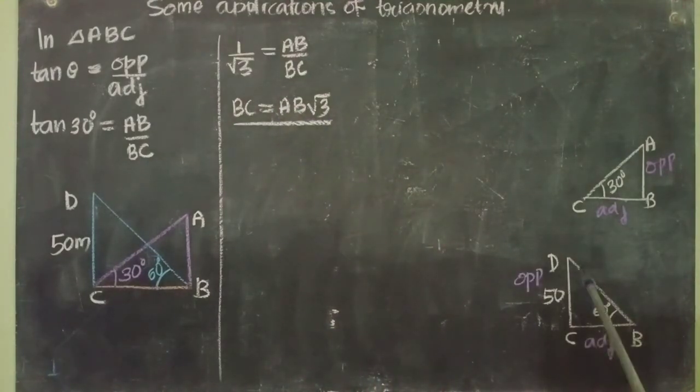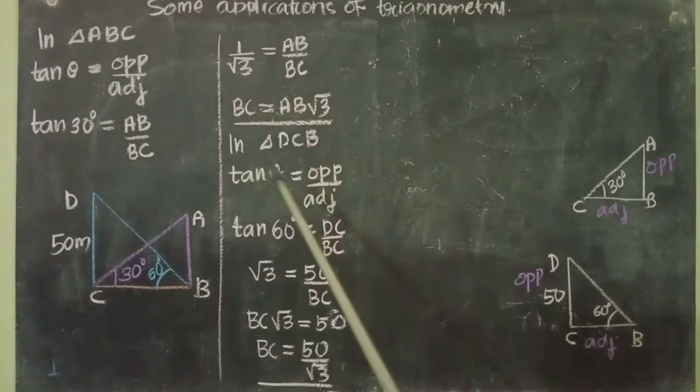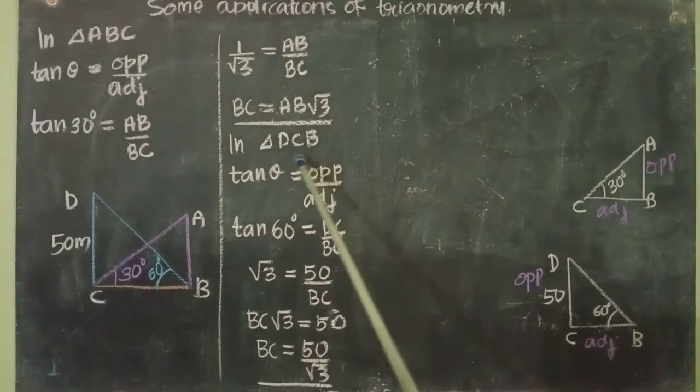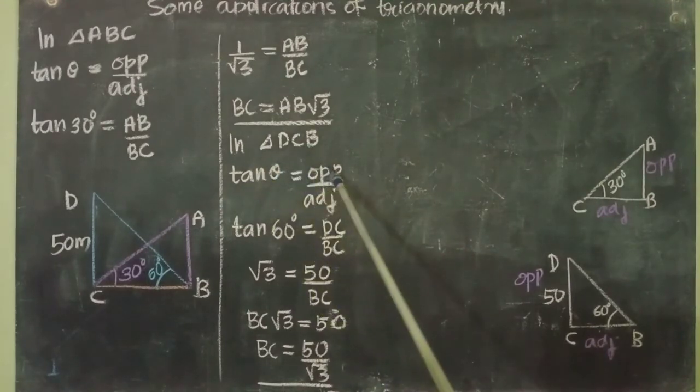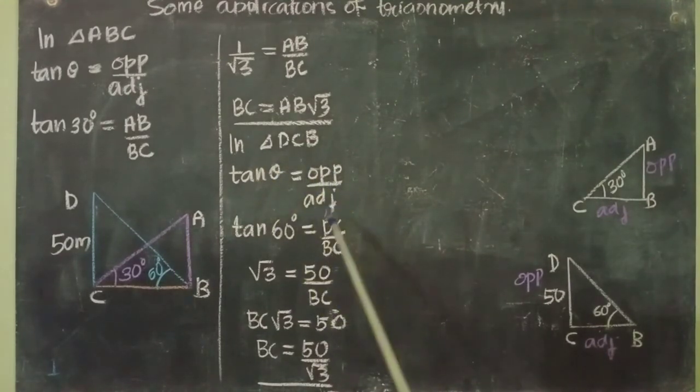Now consider the second triangle. Here the acute angle is 60 degrees, DC is the opposite side, and BC is the adjacent side. Let us take the ratio. In triangle DCB, tan theta equals opposite side by adjacent side. Here theta equals 60 degrees. Opposite side is DC, adjacent side is BC.